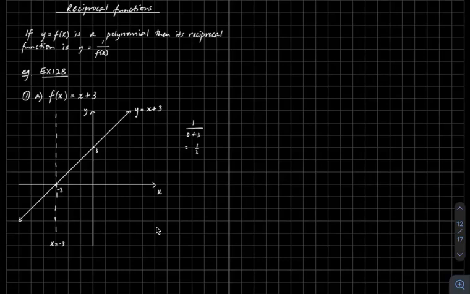So when the y-intercept of the original function is 3, the value of 1 over x plus 3 is going to be 1/3. So that's going to be the y-intercept of the reciprocal.